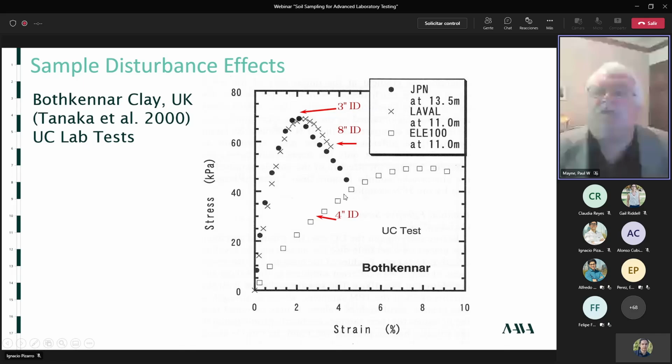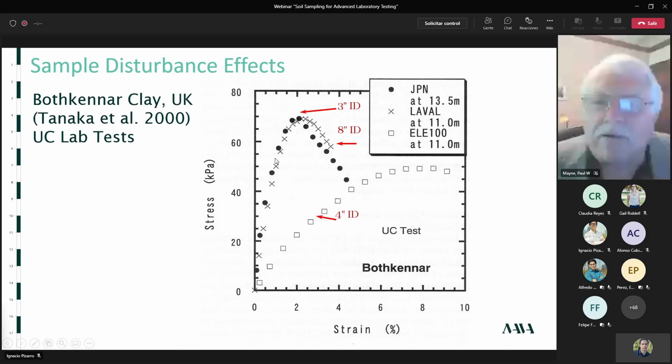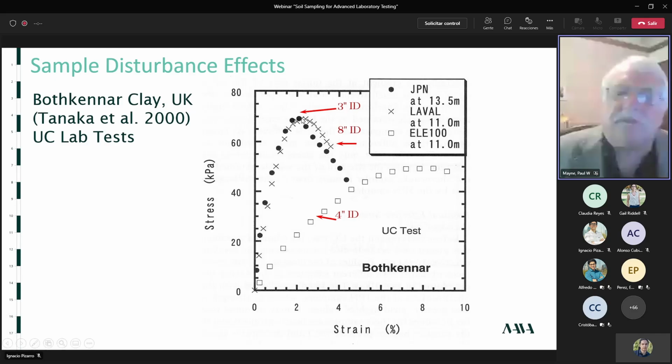Versus the JPN, a Japanese sampler shown by the black circles, and the Laval sampler, shown by little X's. Both of those show a much, much stiffer soil, so the modulus is much higher, and they peak more around 70 kPa. So that's a big difference. Next.